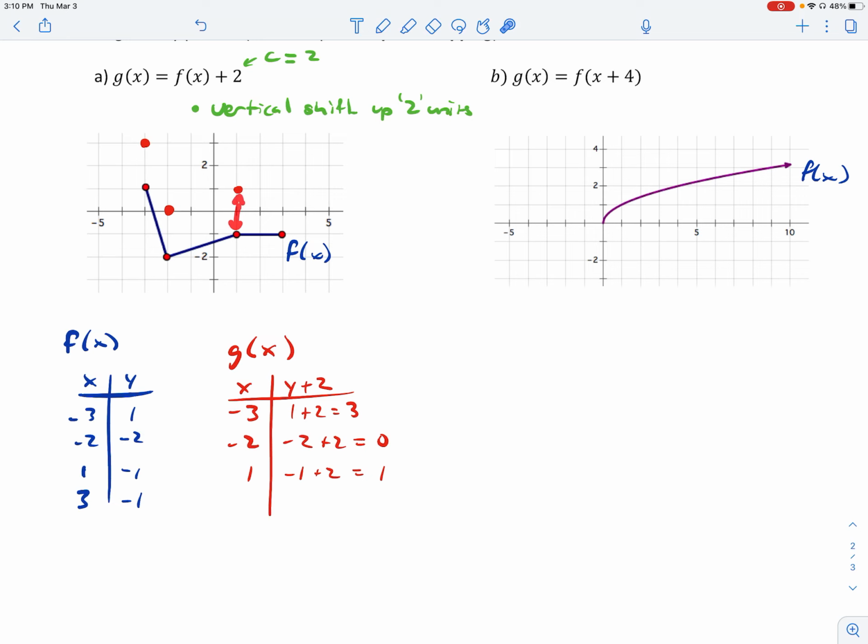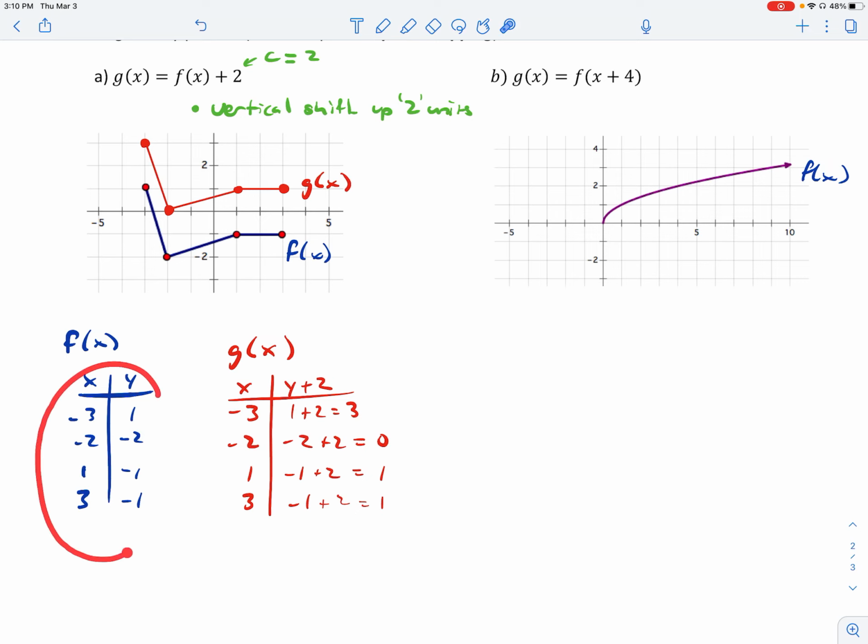Also 2 units. Plug in 3 for x, and then plug in -1 for y. We'll have -1 plus 2, also 1. That makes sense. These have the same height, so these are going to have the same height. Just draw some lines through, and we will call this one done. We're going to label it g of x.